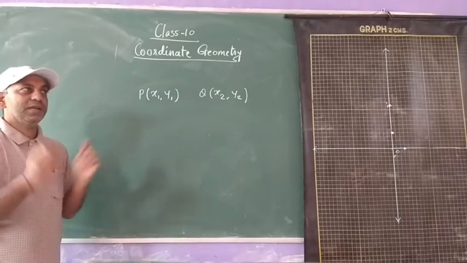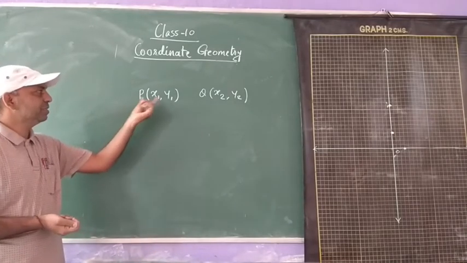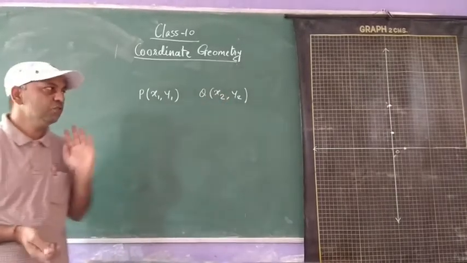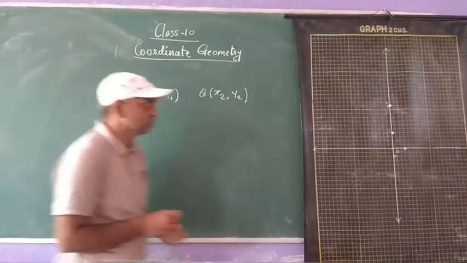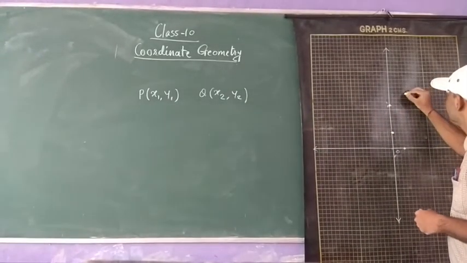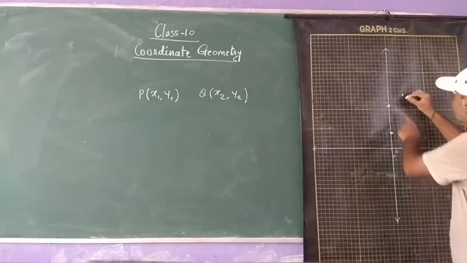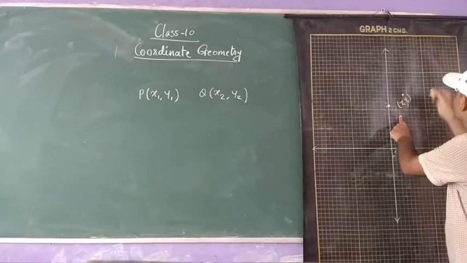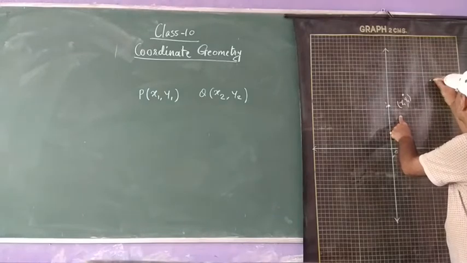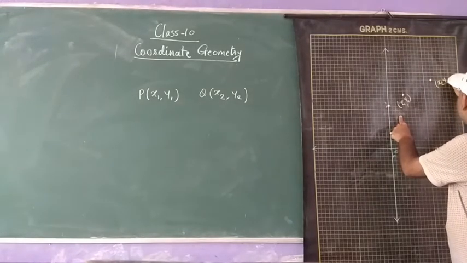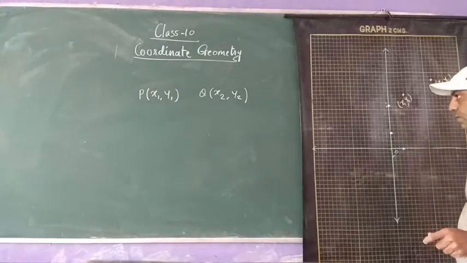Just to locate these points, suppose this is the point P having coordinates (x1, y1), and another point is this, Q, having coordinates (x2, y2).